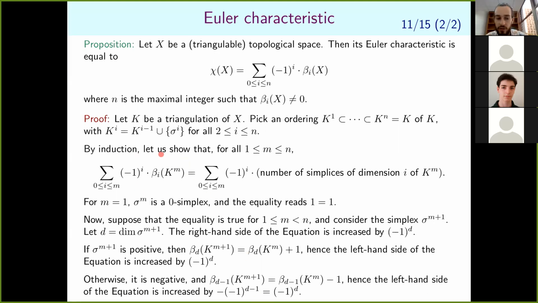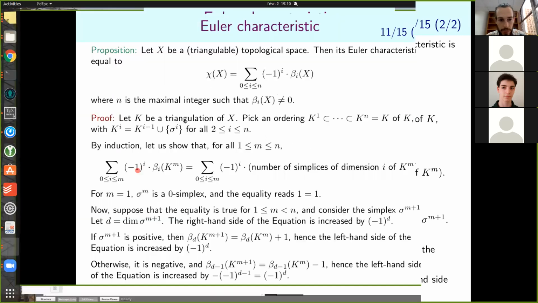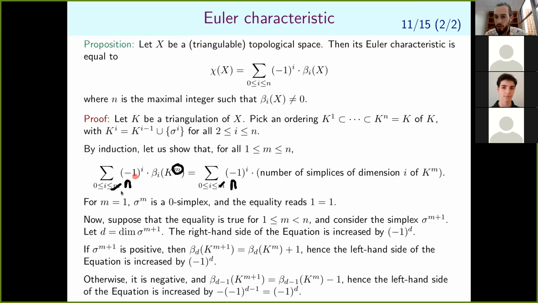And so we still have an augmentation of (-1)^d. So we prove that these sums are always equal, and they are in particular equal for m equals n. And for m equals n, this is our full simplicial complex. And so we proved the proposition.